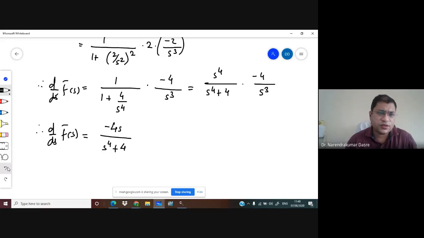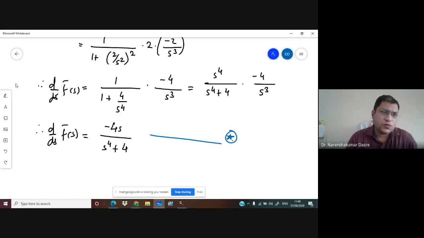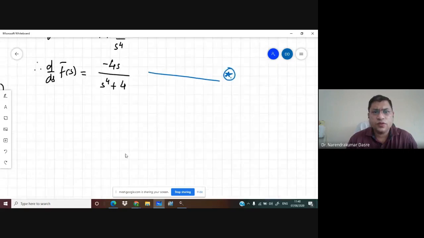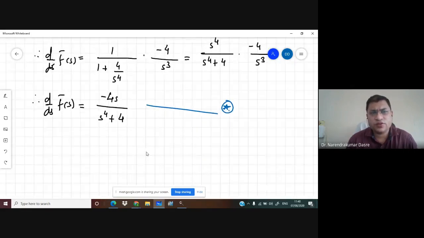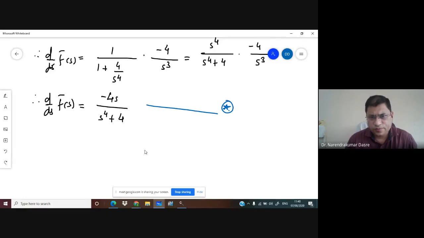This is the first step that we have completed, and now we want to find the inverse of this term. To find the inverse of this term, I will have to factorize s raised to 4 plus 4.